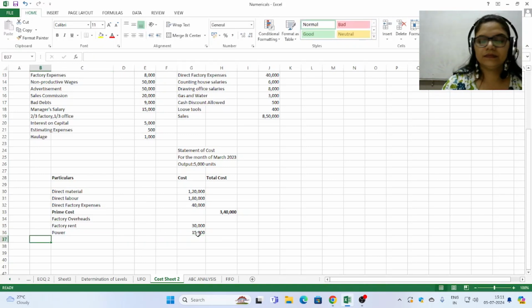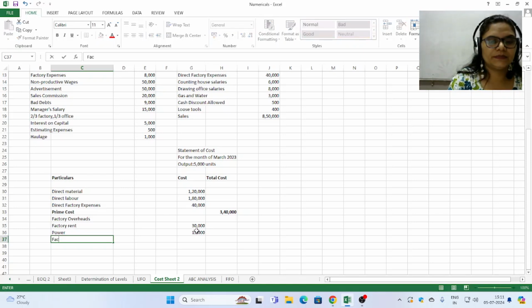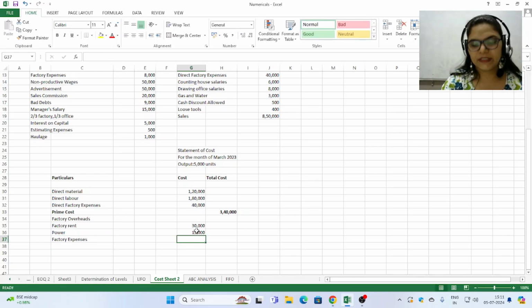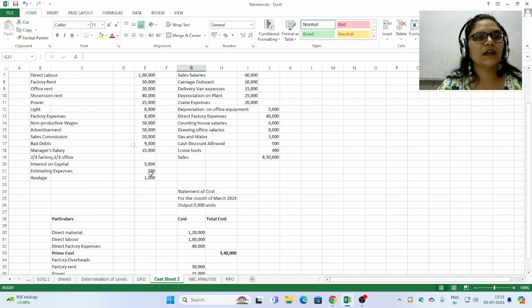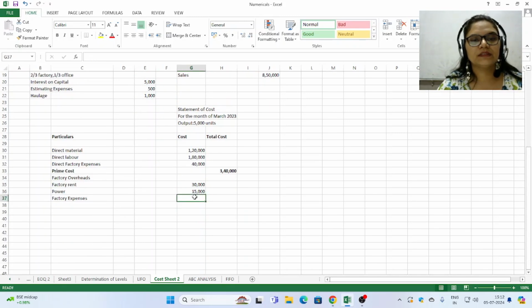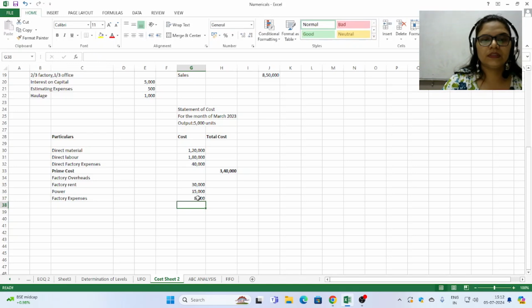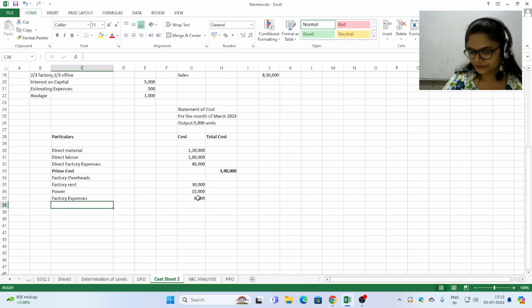Next is factory expenses. Factory expenses are rupees 8,000. Here they are given, factory expenses 8,000. Next is non-productive wages.